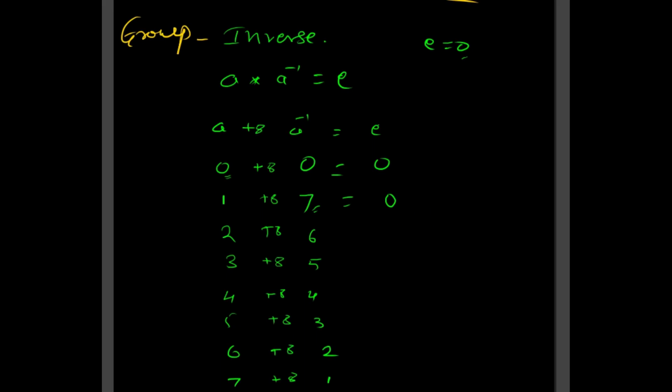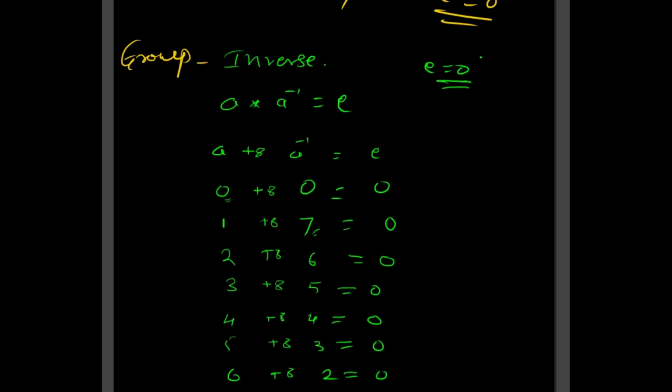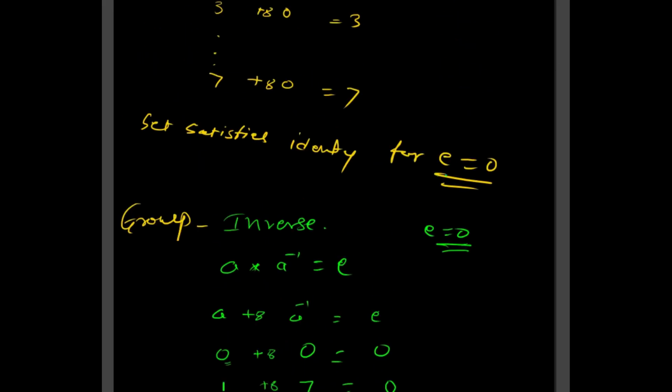So on performing this operation, all the results you will get as 0. Remember, in inverse, what is required? It is required that A star A inverse should give you the identity element. The identity element we have found as 0 in the identity property.